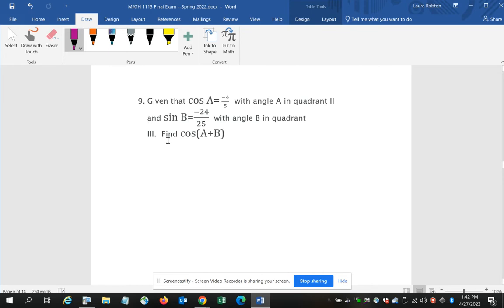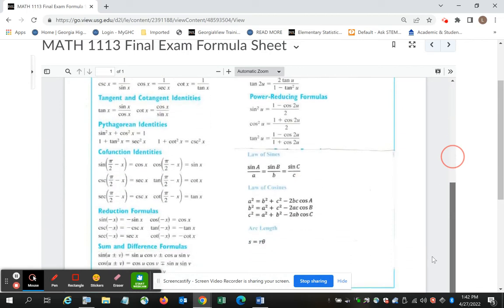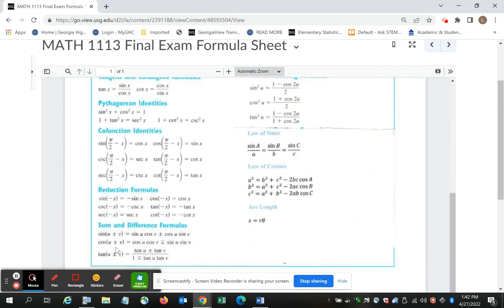Okay, so then number 9 says, given that cosine A is negative 4/5 with angle A in quadrant 2 and sine B is negative 24/25 with angle B in quadrant 3, find cosine of A plus B. So this one's asking you to find the sum of the two angles A plus B. That is one of the formulas given on your formula sheet, a sum and difference formula, here on the left column.